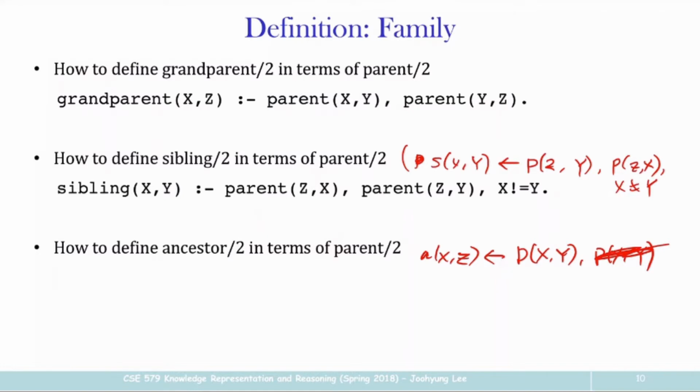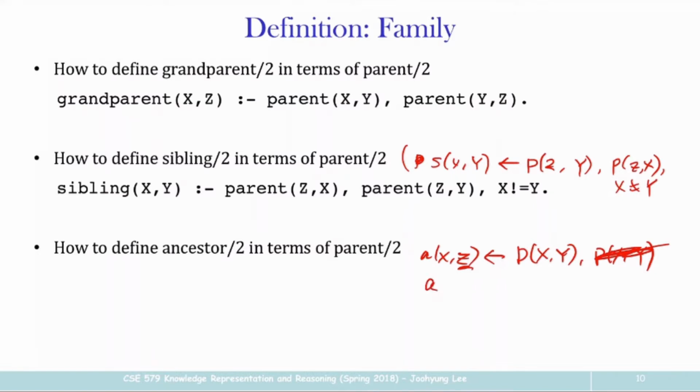Now, this rule, are you satisfied with this rule? By the way, this rule is actually unsafe because this Z does not occur in the positive body, right? So maybe we should throw this out. Maybe we just add ancestor ZY. Okay, just spit out the rules.